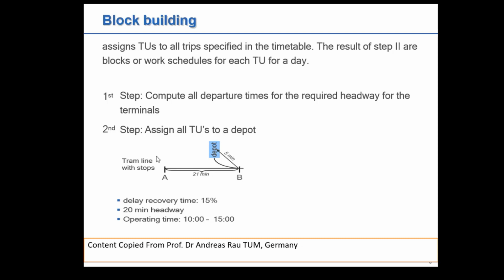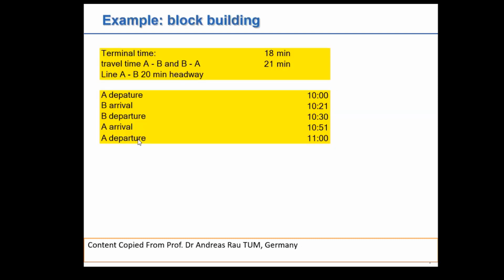what we will do is, it will take 21 minutes and then 5 minutes, 21 plus 5, 26 minutes. So if the operating time starts from 10, we need to start that train 26 minutes before to reach A. So if it starts from 10, we will start our services from around 9:20. Have a look.